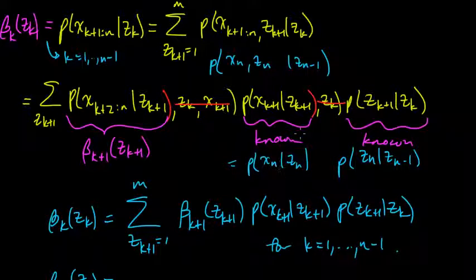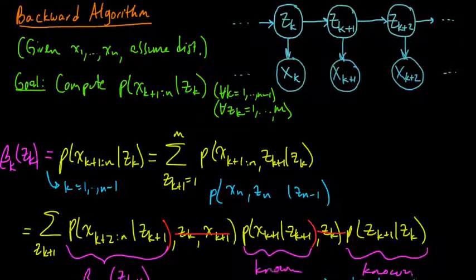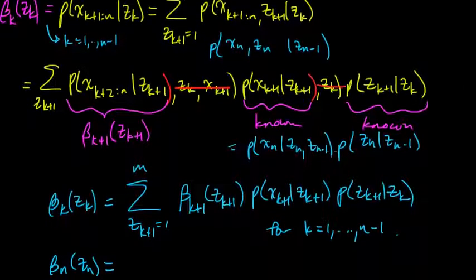Let's check that: xn should be conditionally independent of zn minus 1 given zn. And yes, that is the case.